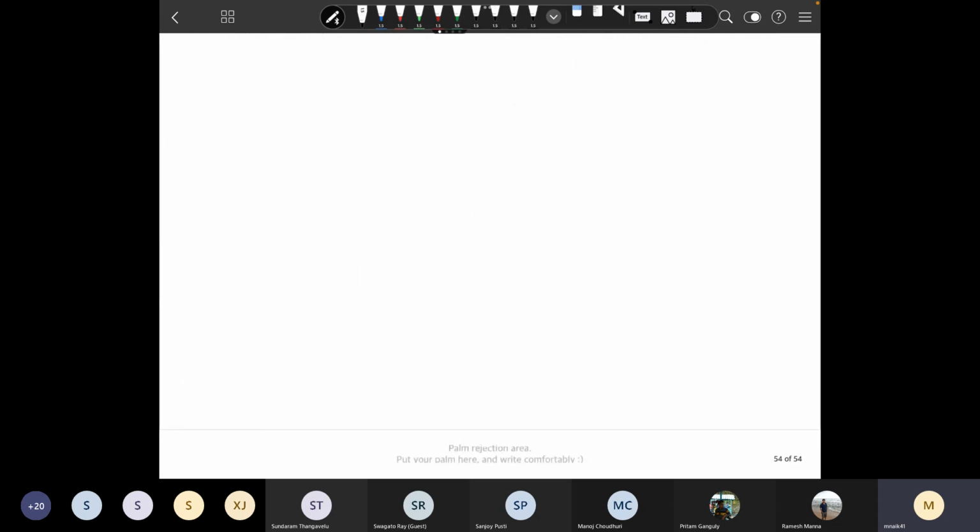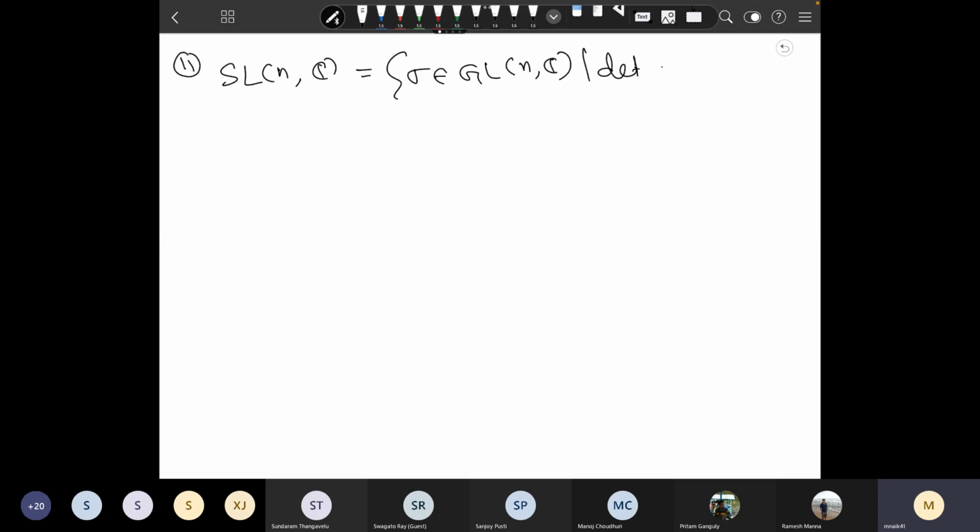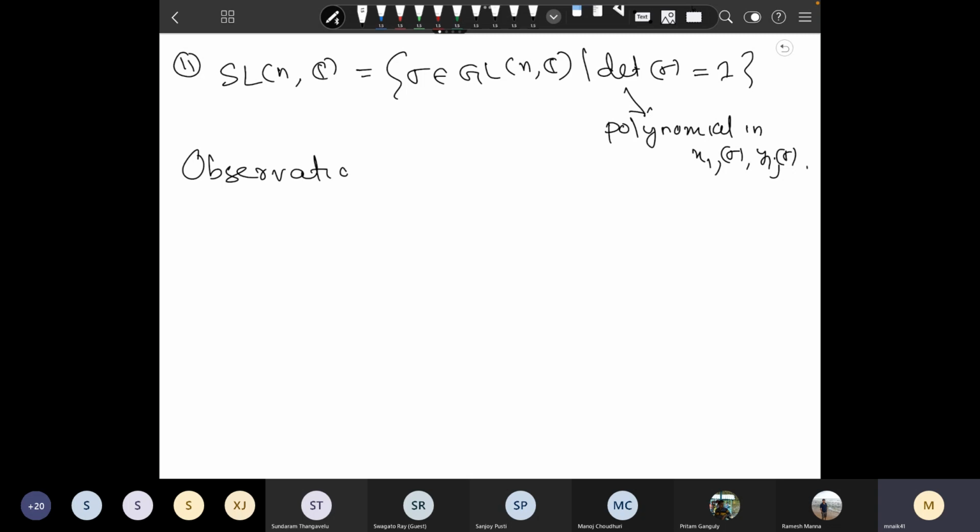Second, SLNC is the set of sigma belonging to GLNC so that determinant of sigma is equal to 1. You know that this is a polynomial in Xij sigma, Yij sigma. So these are examples of pseudo algebraic groups. Now, observation. Suppose G is a pseudo algebraic group.